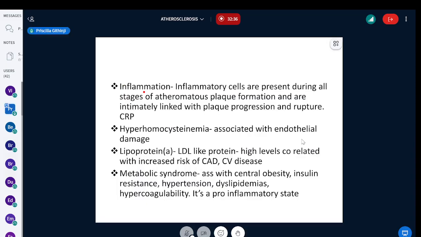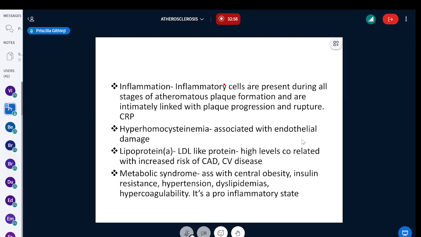Then the other risk factor is inflammation. So anything in your body that can lead to inflammation, because inflammatory cells are usually present during all stages of atheromatous plaque formation, and they are intimately linked with plaque progression and rupture.